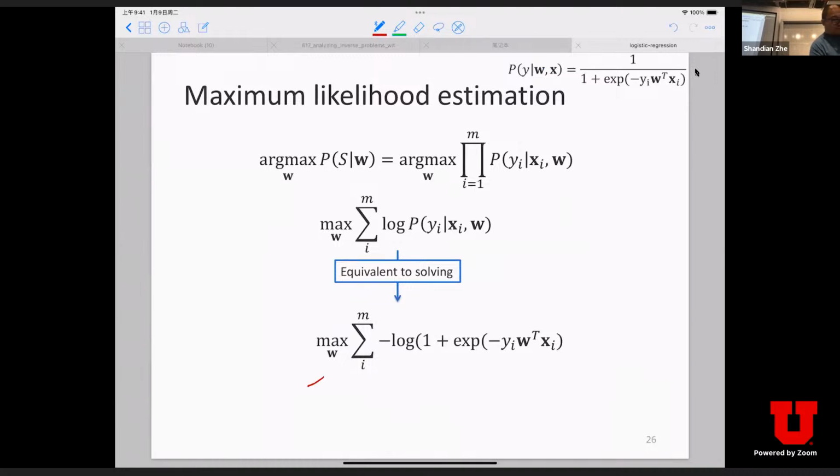So it is equivalent to maximizing the summation of the negative logarithm of 1 plus e to the power of minus yi w transpose xi. Then if we get rid of this minus sign, we change max to min. Maximizing the negative stuff is equivalent to minimizing that stuff. So it is equivalent to minimizing the summation of log of 1 plus exp of minus this term.